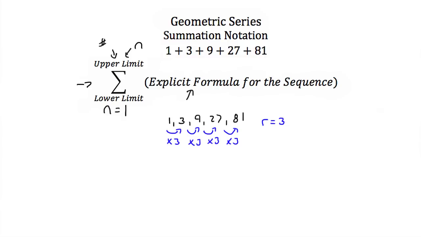Now the standard explicit form of our formula for a geometric sequence is that the nth term in our sequence is equal to the first term, a1, times our common ratio r to the n minus 1 power.